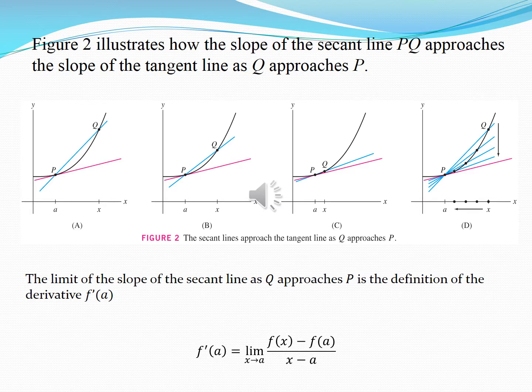You have four different figures where you see the secant line turning into the tangent line. To describe this phenomenon, we write f prime of a equals the limit as x goes to a of f of x minus f of a over x minus a.